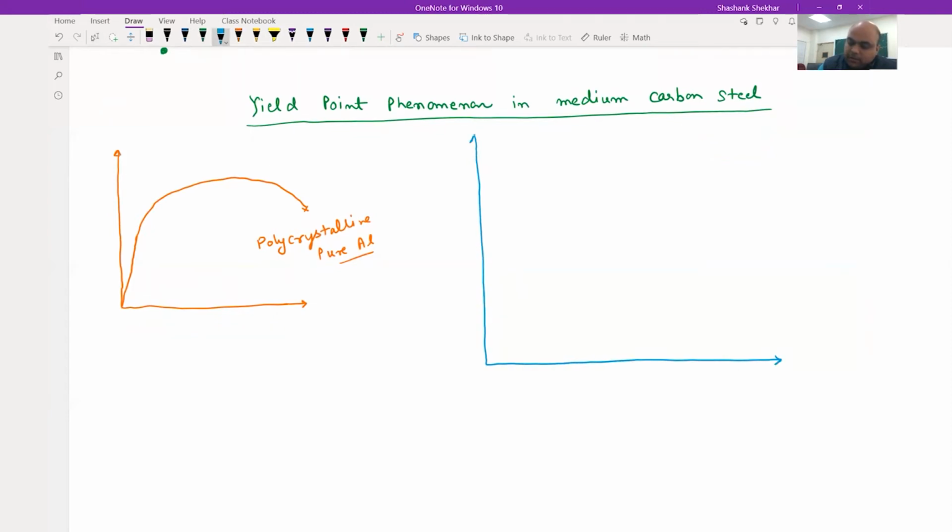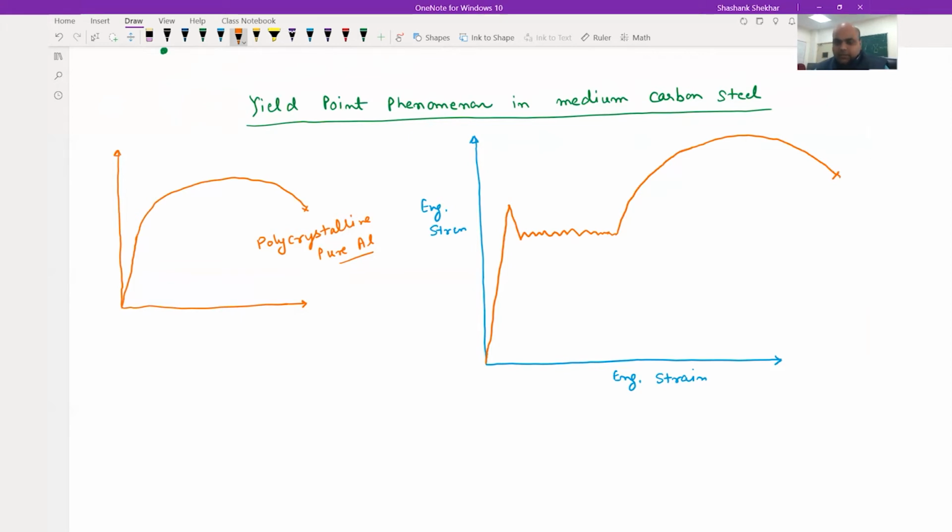If I again plot engineering stress and engineering strain, you're going to observe an elastic regime initially, but then you're going to see a drop and then some fluctuation, something like this, and then it is going to follow what you have seen in polycrystalline aluminum, something like this.